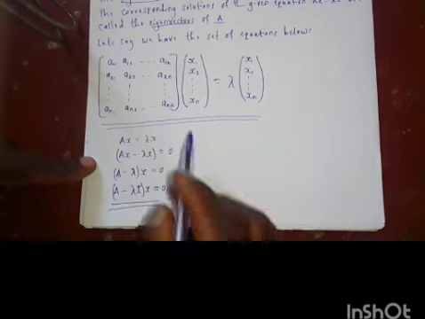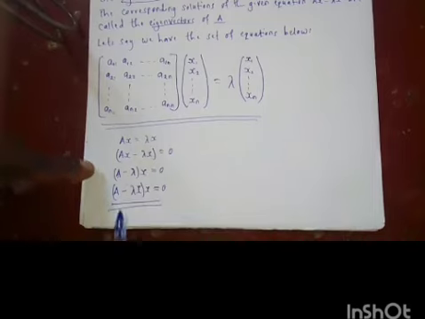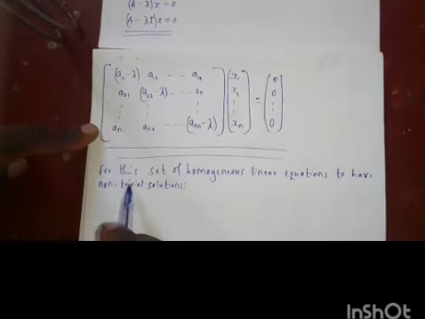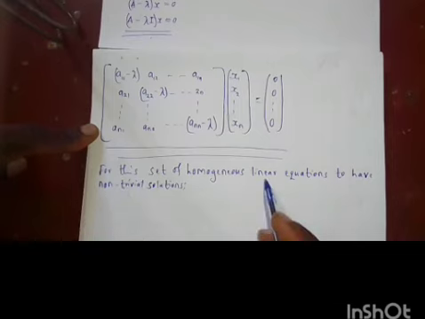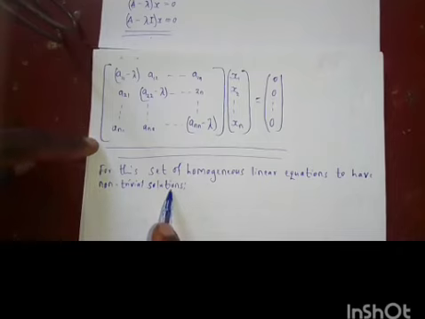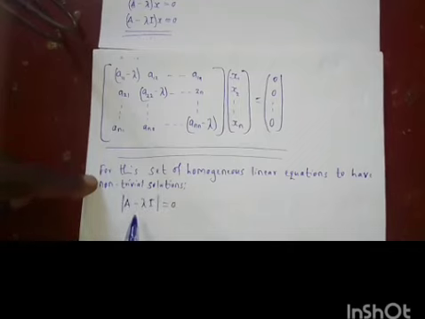So expressing this equation in this form, back to our equation, we say for this set of homogeneous linear equations to have non-trivial solutions, one condition must be met, and that condition is that the determinant of this matrix A minus lambda I should be 0.